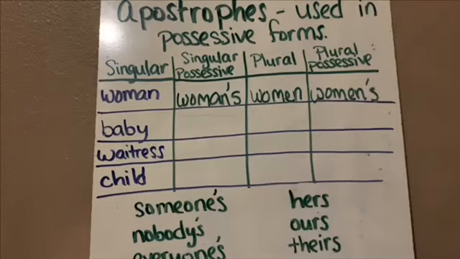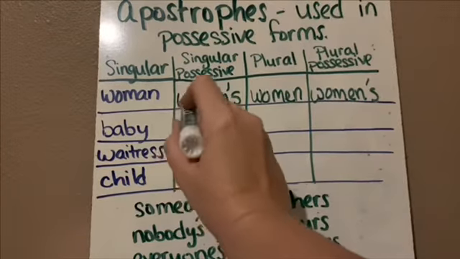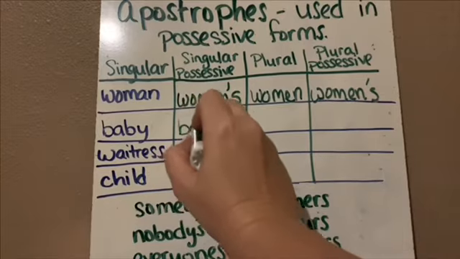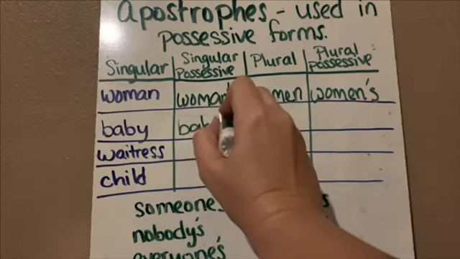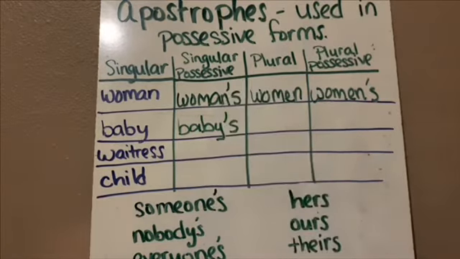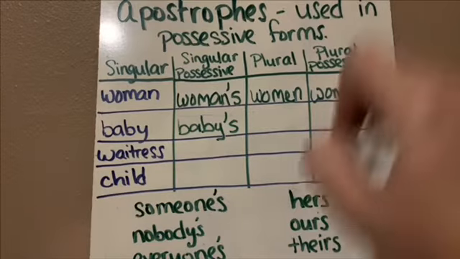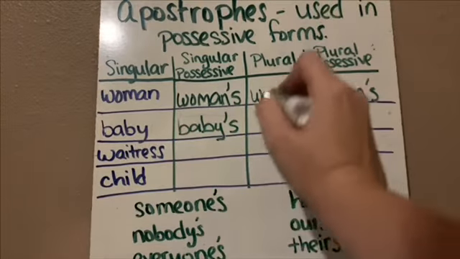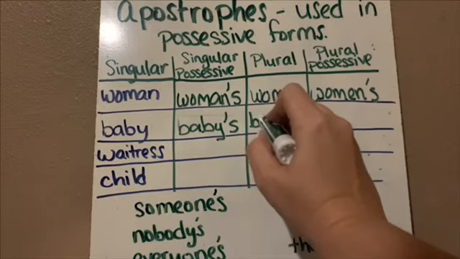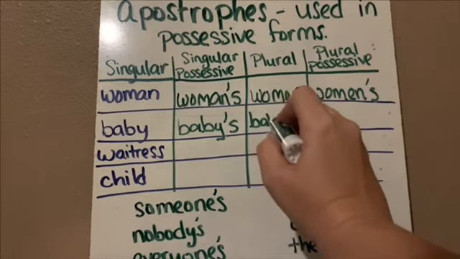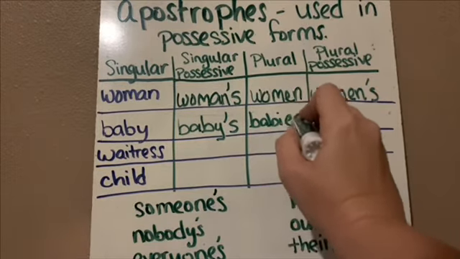So my singular noun is baby. If I'm talking about one baby and that baby's bottle, I would say the baby's bottle. Baby apostrophe S. Okay? Plural of baby. Remember, my Y changes to an I and I add an ES.